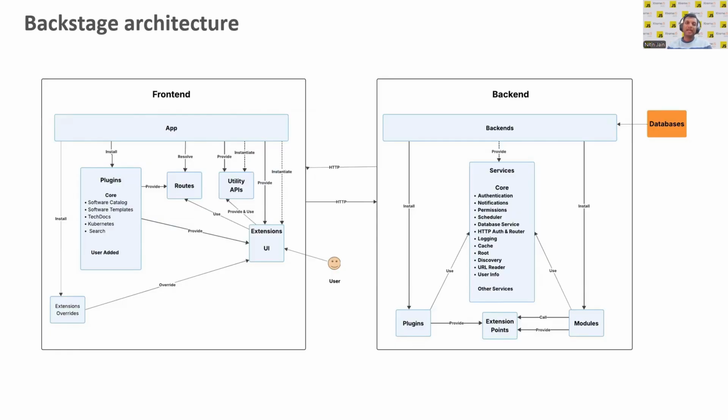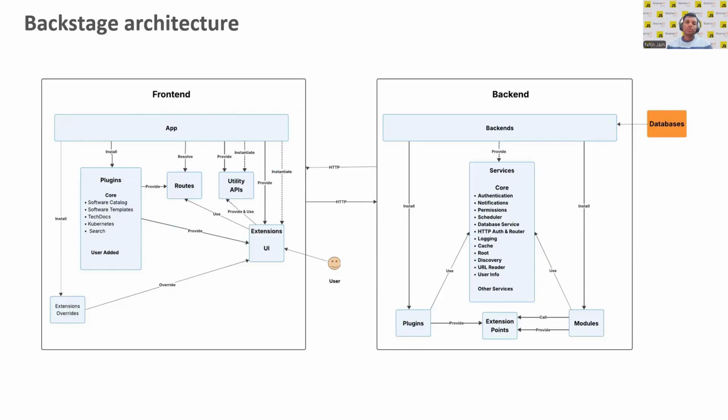Whereas on the backend side, it's basically a collection of reusable services which will help you do all those mundane tasks. So you don't need to reinvent those things again and again. Those are made available to you through a collection of npm packages which you could just import on the backend side, which is written in Node.